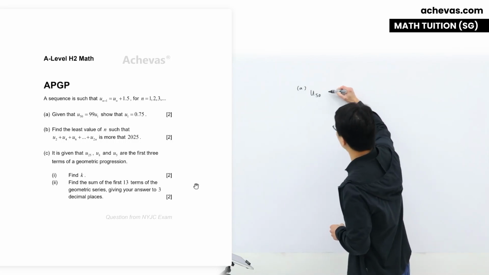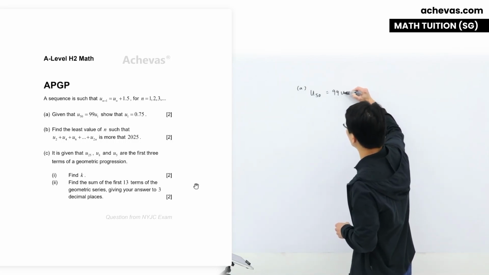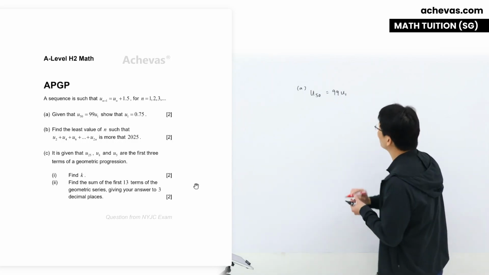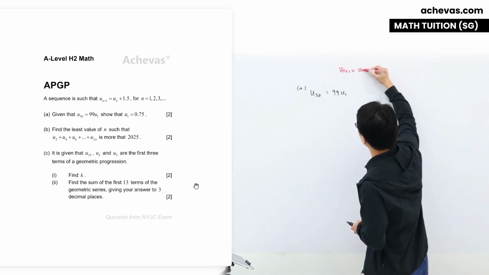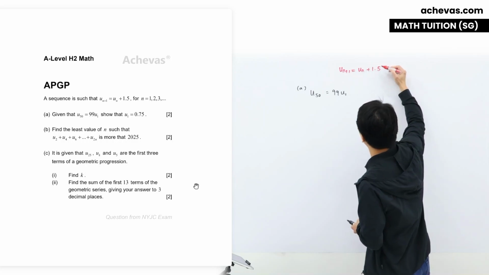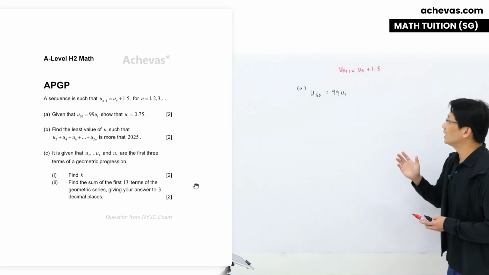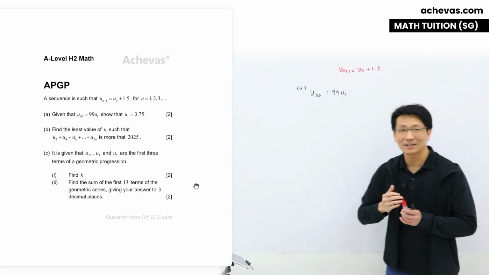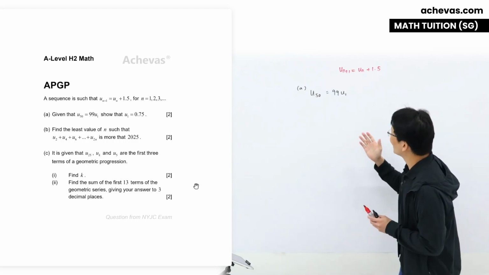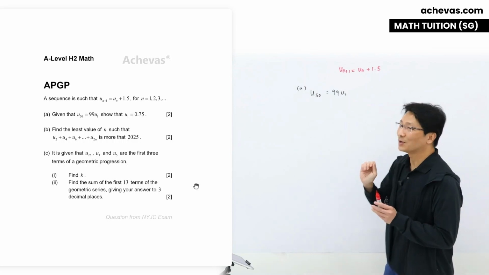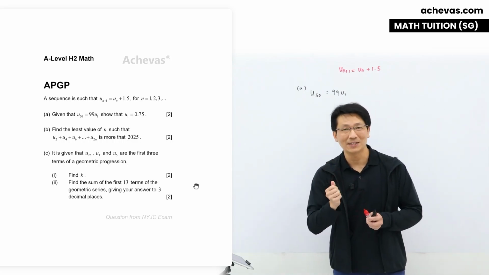So we have U50 equal to 99 U1. We are also given this recurrence relation, U(n+1) is equal to Un plus 1.5. This question is trying to convey information, but not in a direct way. They are just trying to say that this sequence is in fact an AP sequence.